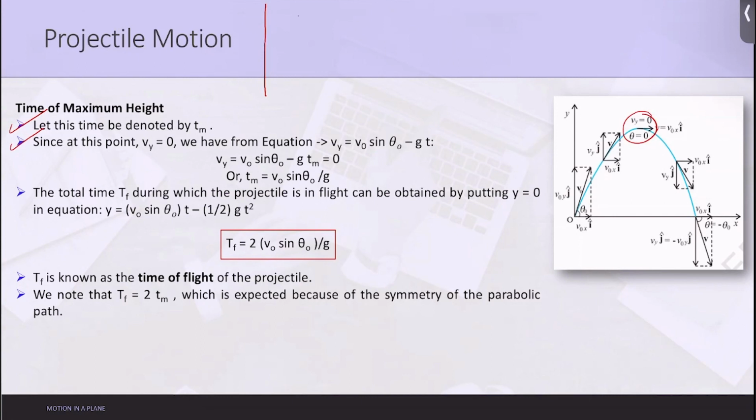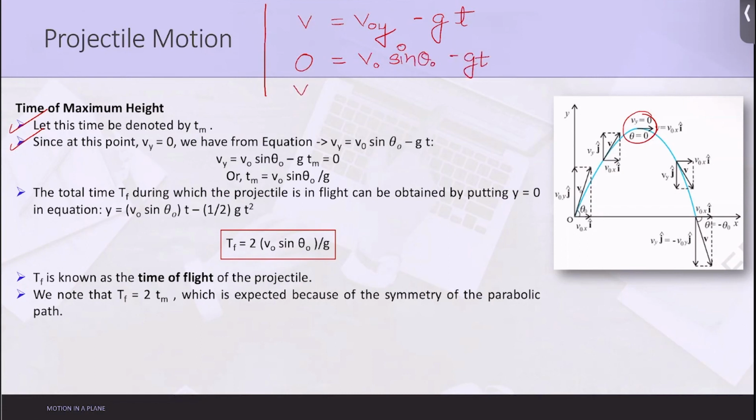Now we know the velocity in y direction is equal to the initial velocity in y direction minus gt. What is the final value? It is 0, which is equal to, what is the initial velocity in y direction? It is v naught sine theta naught minus gt.